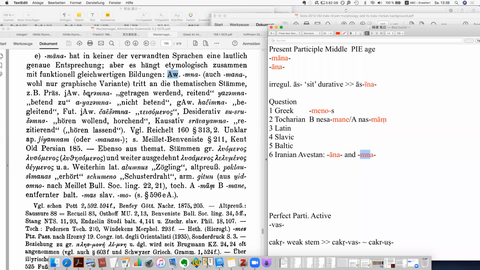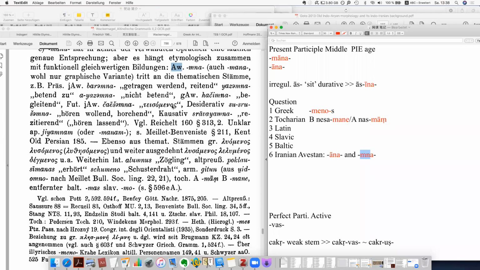And then we have the example like bad mh₁no, so getragen werdend, carrying, riding. And then nesa-mane, called betten zu. So it's actually related with the Sanskrit word yaj, for sacrifice, right? Nesa-mane, like bitten, like beten. Okay.